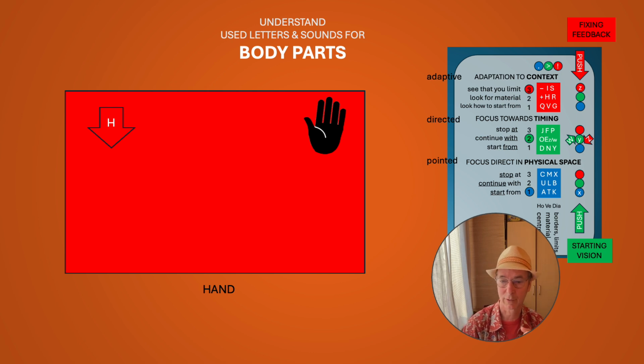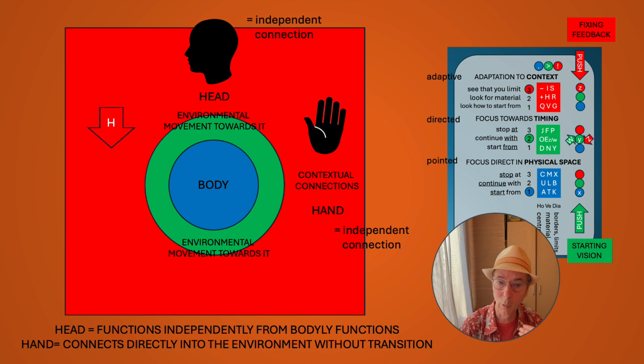What kind of objects, bodily parts are fitting here already? The hand, of course. The hand is also an association which is not really that steady body part. It's also not a body part which really needs this connecting part from the body to the environment. Actually not. It's working more independently, just like the head.